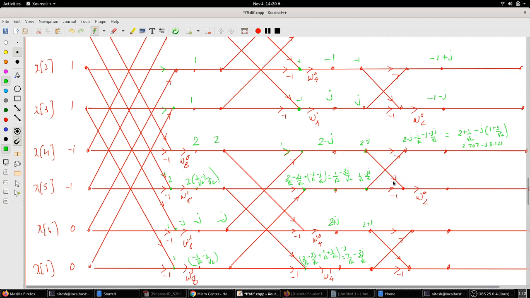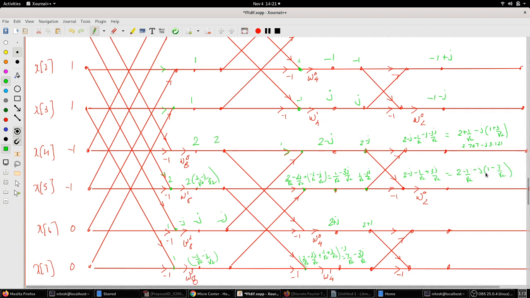So here in this case it will be 2 minus j plus minus 1 by root 2, this is a minus 1 by root 2 plus 3j by root 2. So what you will be getting here is 2 minus 1 by root 2, okay, minus j into 1 minus 3 by root 2.